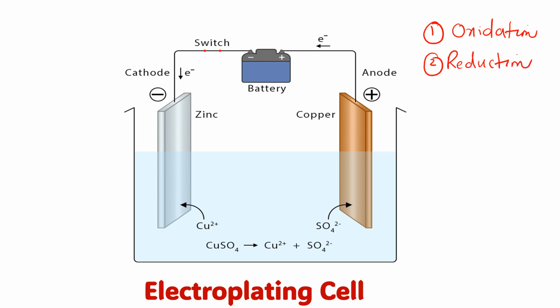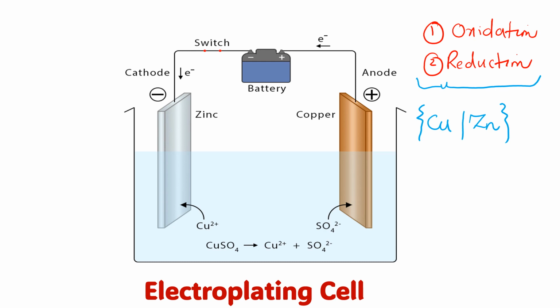Now let us discuss how oxidation and reduction reactions occur in copper plated zinc metal in an electroplating cell.